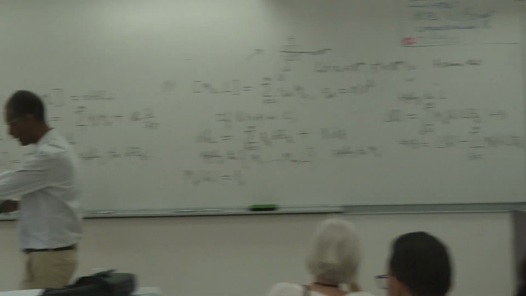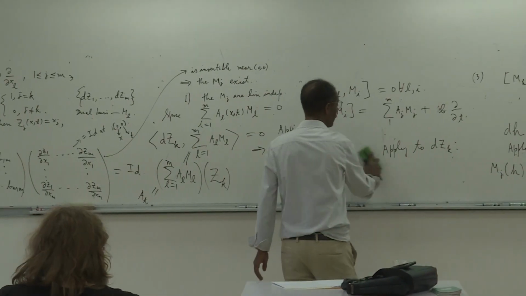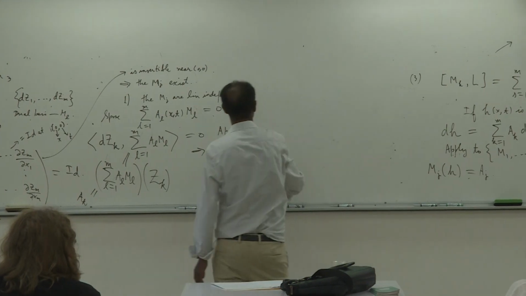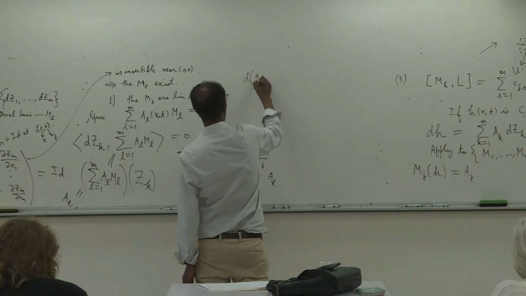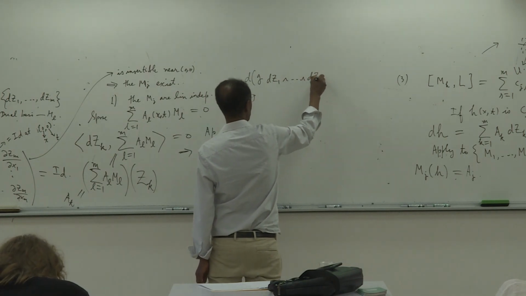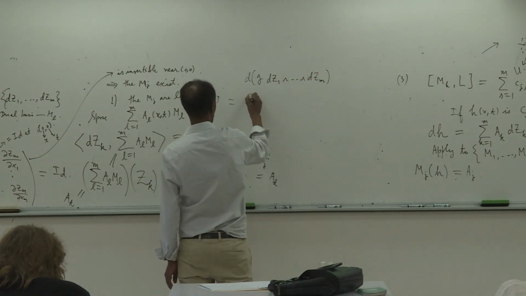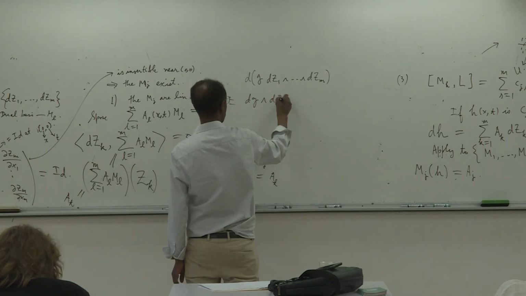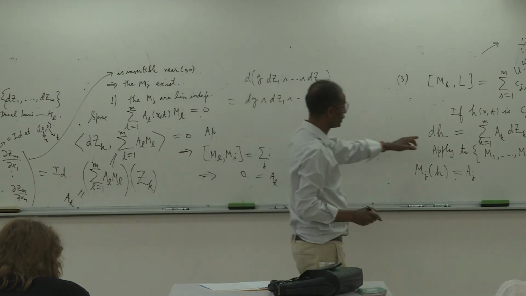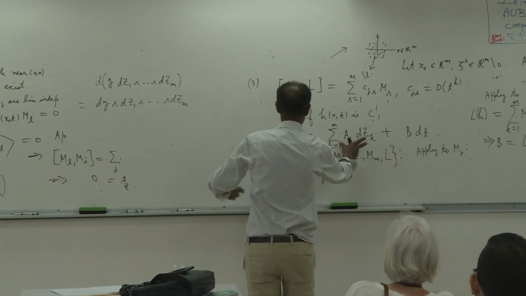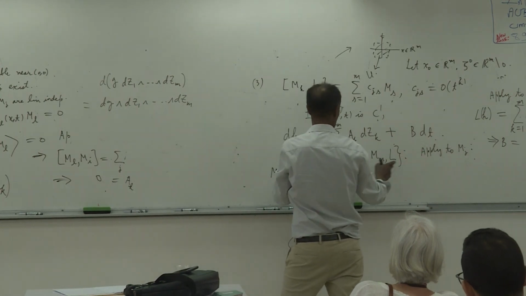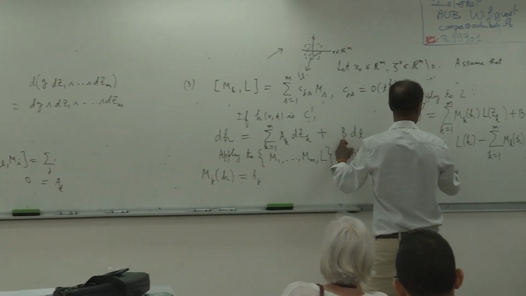So now, instead of a function, if I take an m form, differential of G wedge dz1 wedge up to dzm. I told you what the differential of a function is using this. The ak part will not matter since it will be killed by the wedge with the dzk. So only the dt part comes in, and b is this.